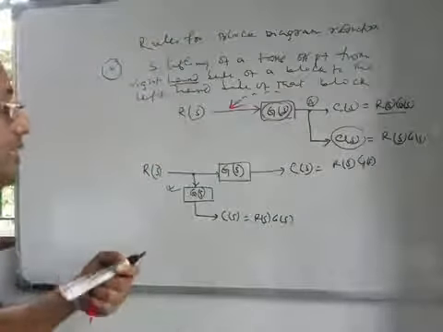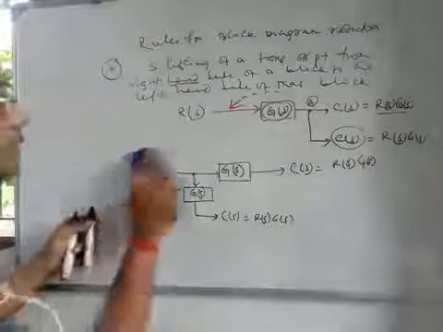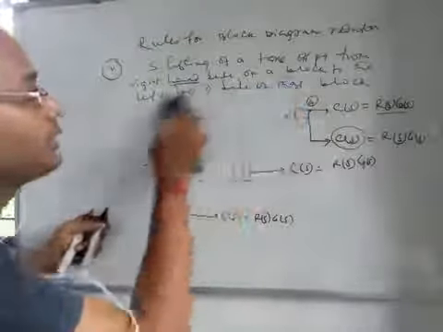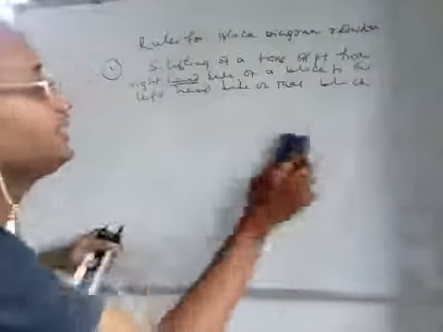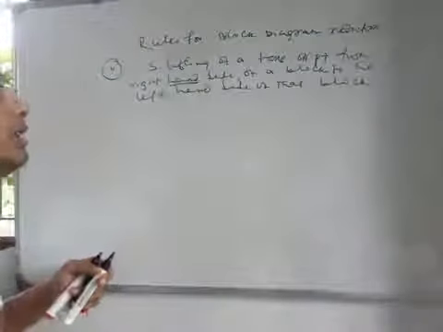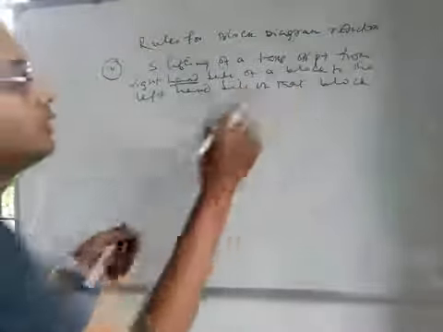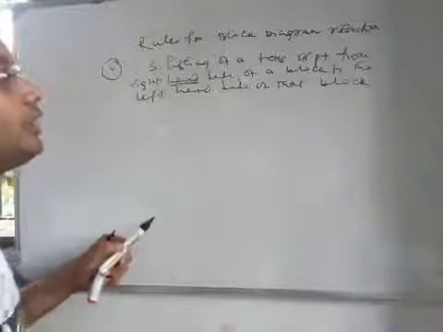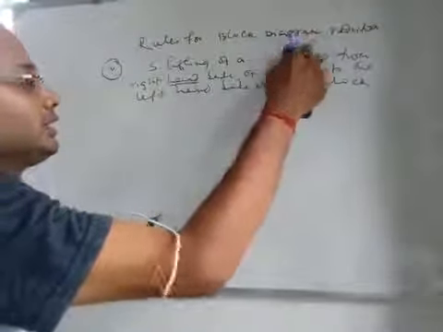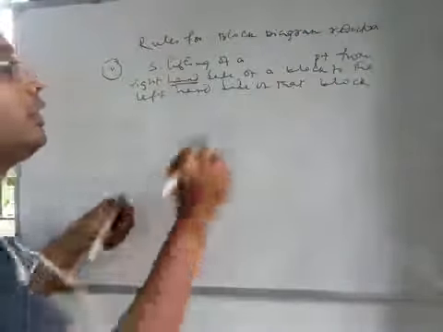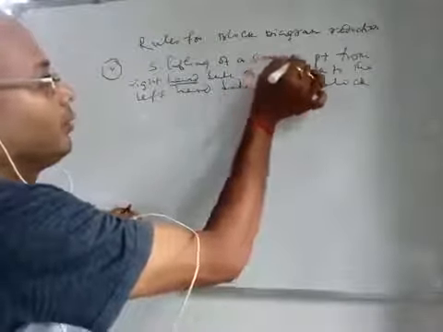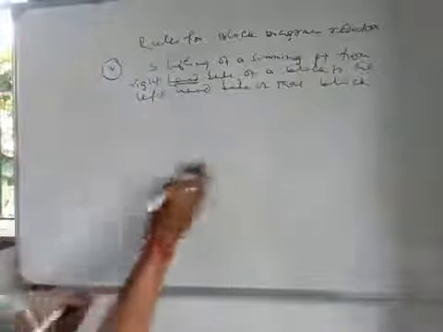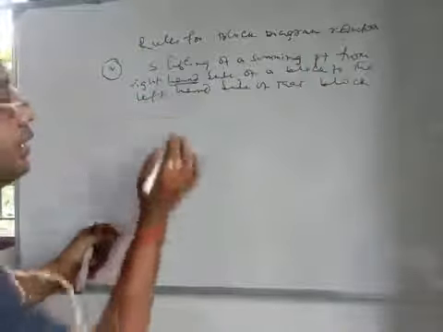That means rule number 6, we will consider the shifting of a summing block from the right hand side to the left hand side of that block. So instead of takeoff point, we will write it as shifting of a summing point, right? So let us take the example.